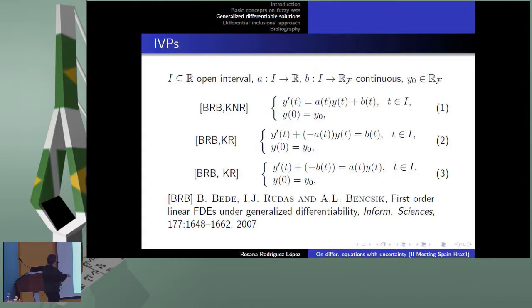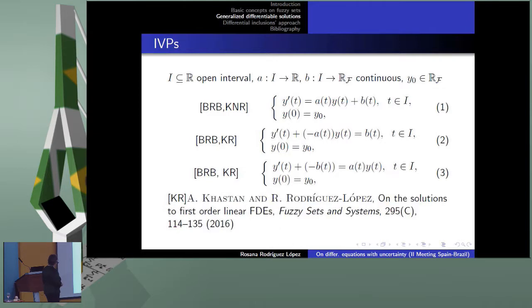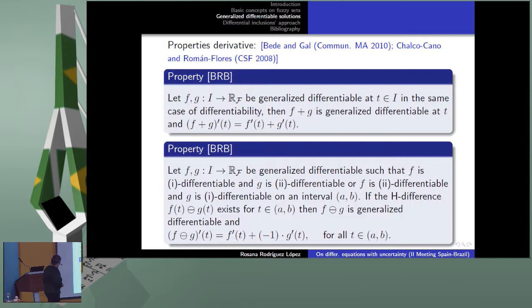So just to handle these three very simple problems presents a lot of difficulties in the obtainment of the solution because they are not equivalent. So this is another reason to try to look for another approach that solves this situation. We have calculated explicitly these solutions in several works.